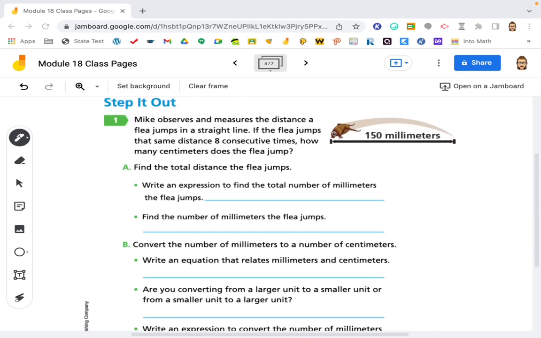Well, if it is jumping 8 times, we would do 8 times 150. So it says find the number of millimeters of the flea's jumps. So we have to do that multiplication. So we're going to do 150 times 8.